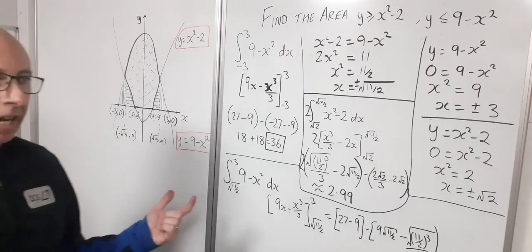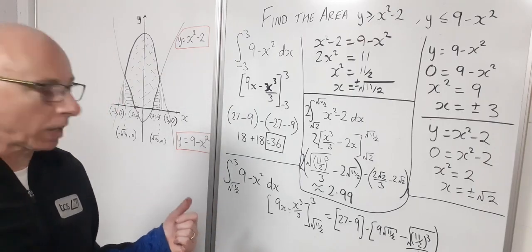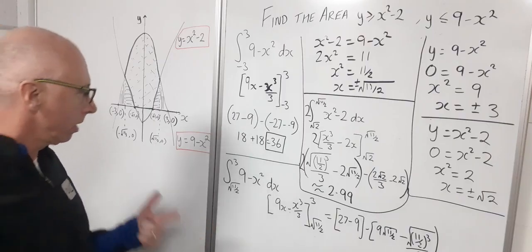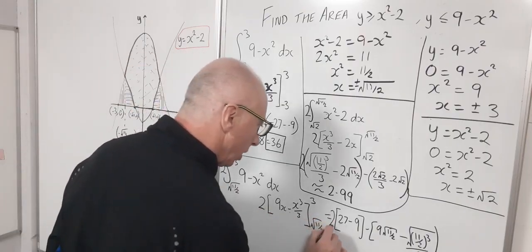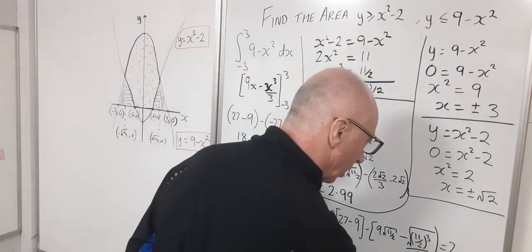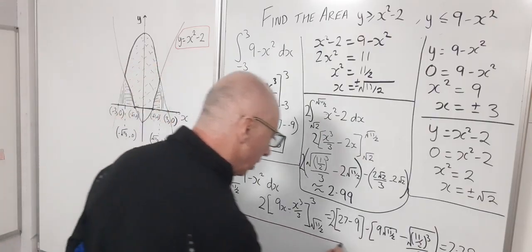Let's plug that into a calculator and we get just under 1.2, 1.19 something. But then we've got to double it. So again, let's put the 2's in front of all these calculations, and we get approximately 2.39. So that's that integral.